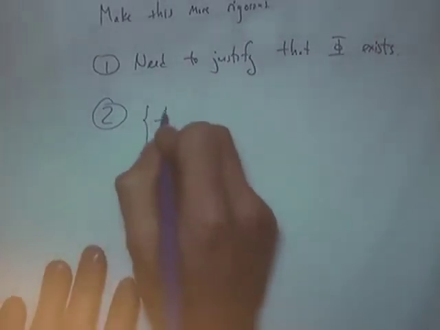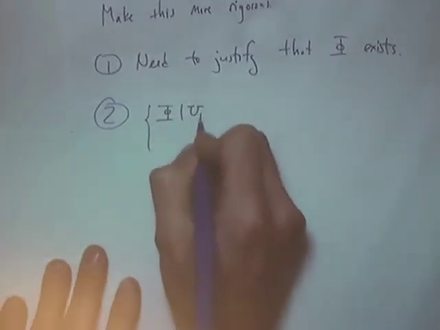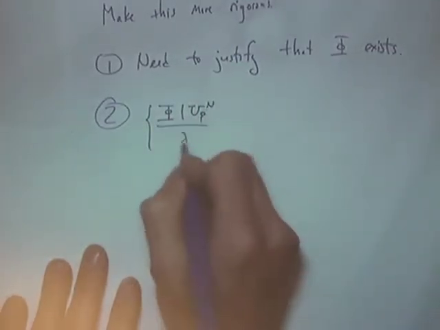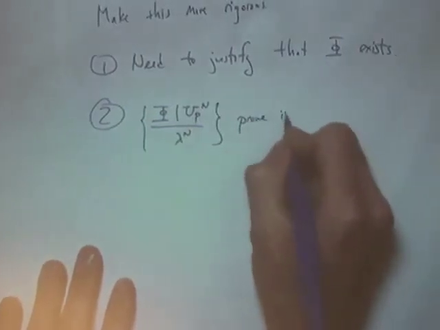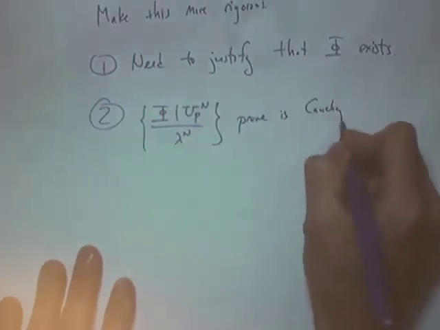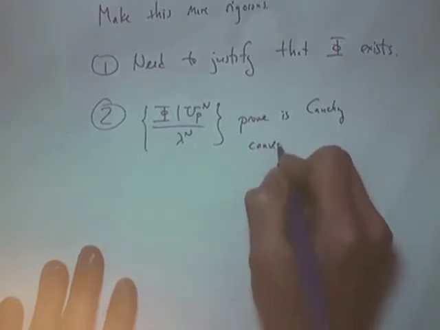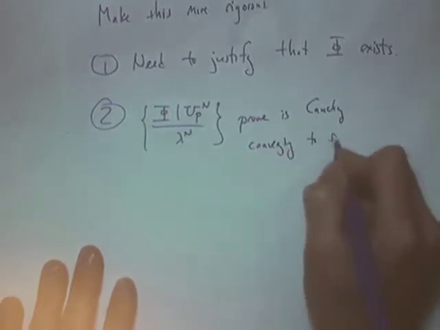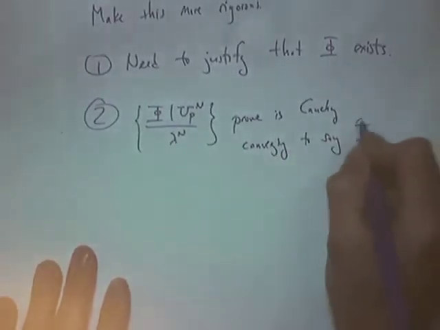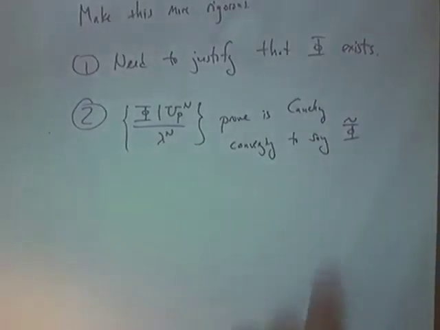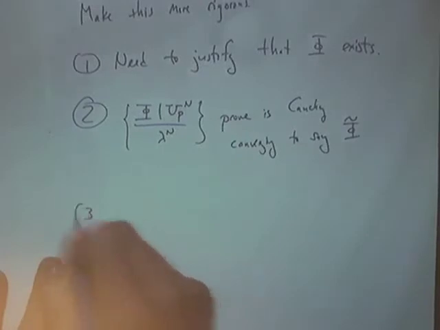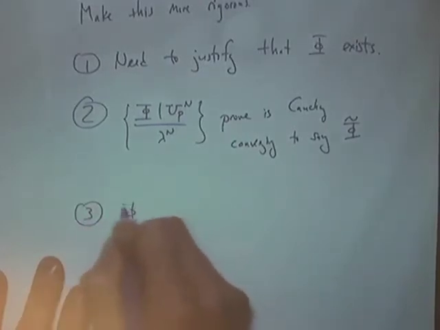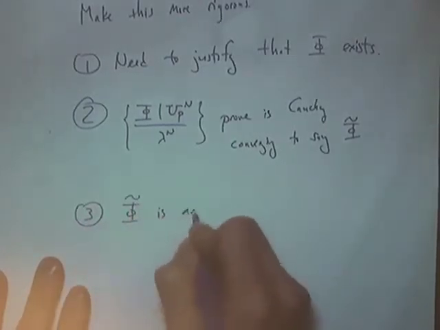I should look at phi acted on by UP to the n over lambda to the n and prove this is Cauchy, converging to say phi tilde. And this phi tilde will hopefully be the right answer. So the third step is to check that phi tilde is an eigensymbol lifting phi.